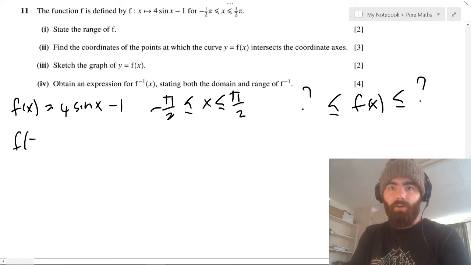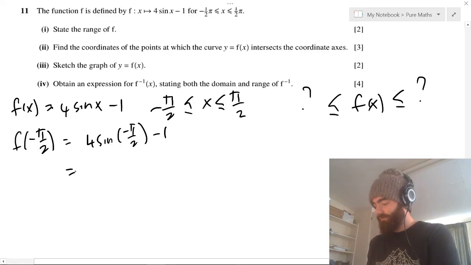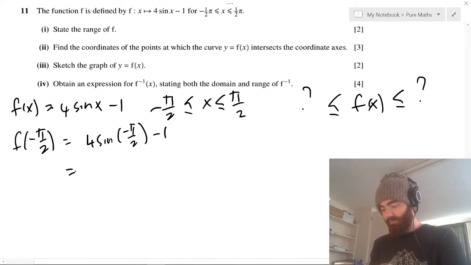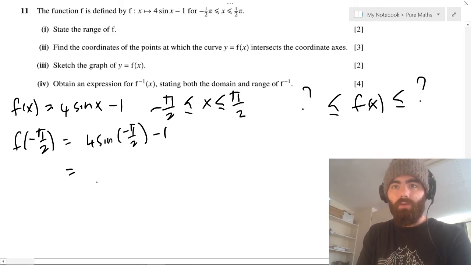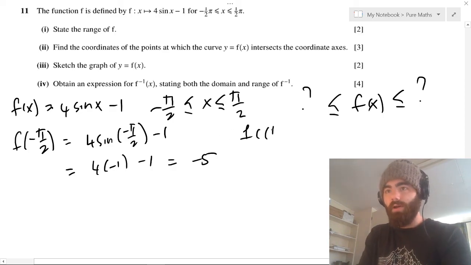Well, f of minus pi over 2 equals 4 sine of minus pi over 2 minus 1, which equals, well, I know that sine of minus 90 is just minus 1. So you get 4 times minus 1, which equals minus 5. And then you do the same for f of pi over 2.